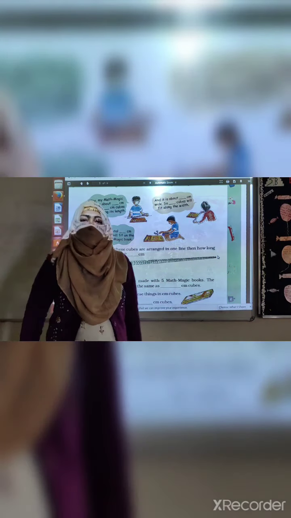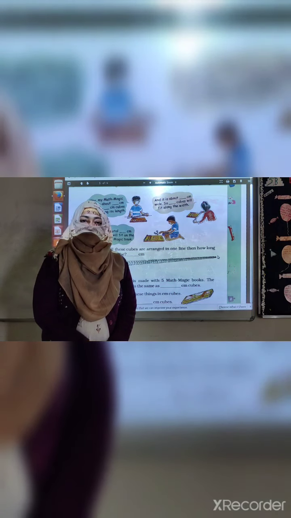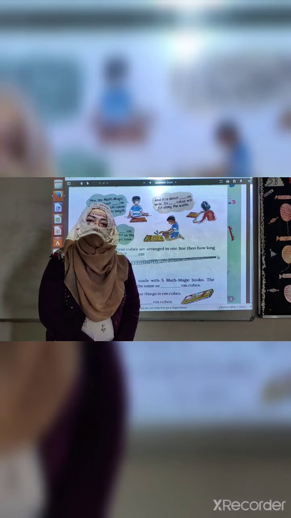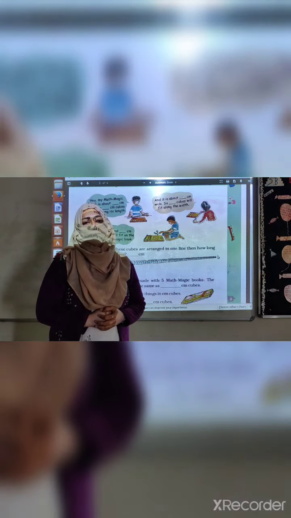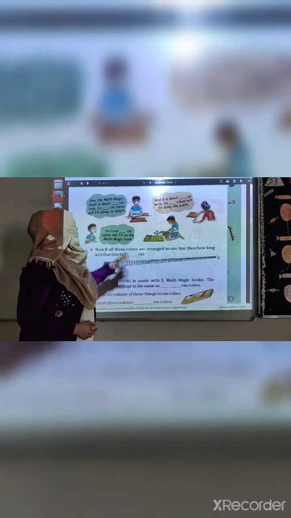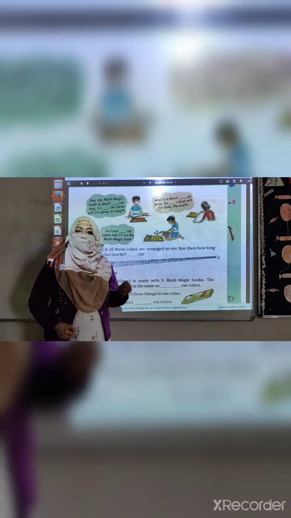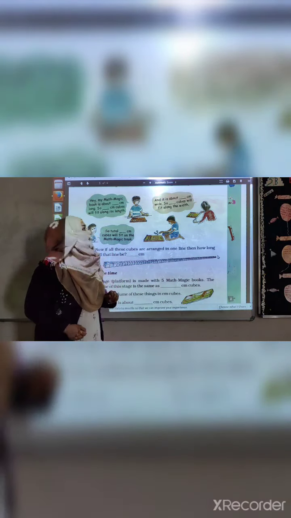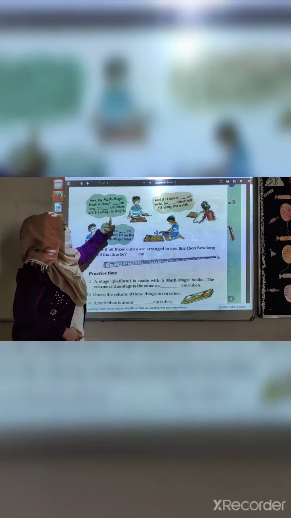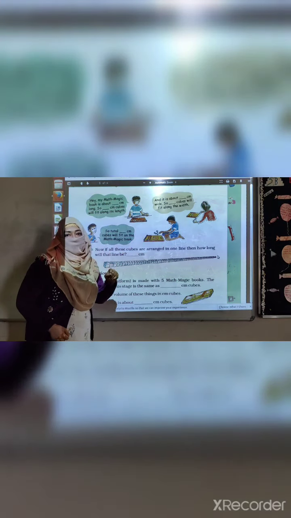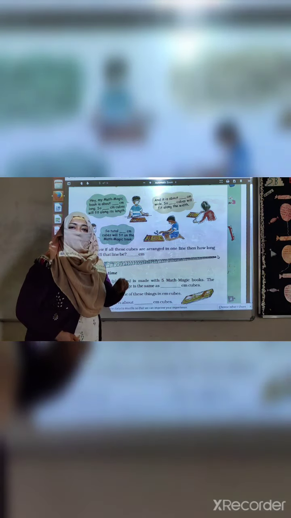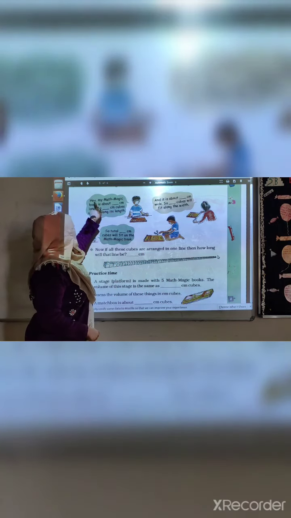Okay, students, so I have shown you the length, breadth and height of your Maths Magic textbook. Now, this is an activity present on the page of your textbook. Here, some diagrams are given and you will be writing the answer in the textbook.